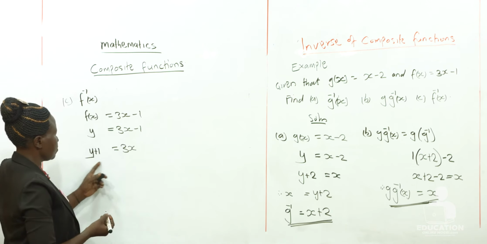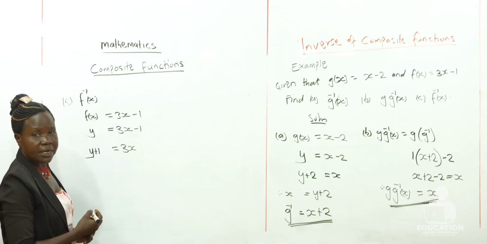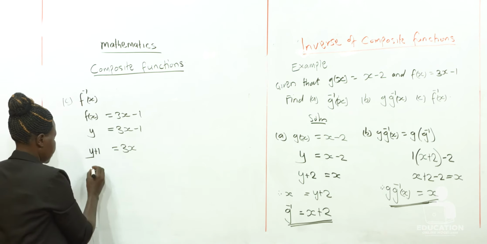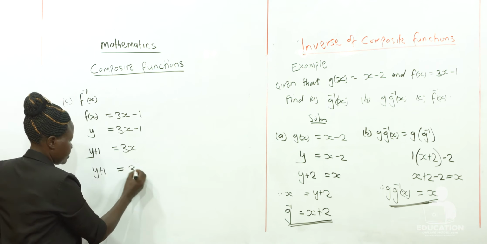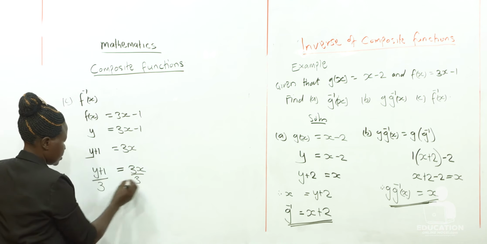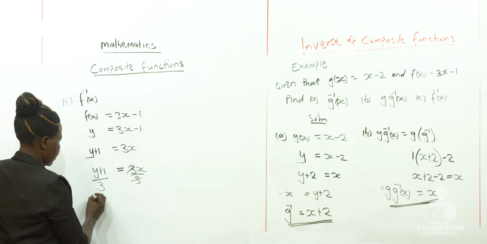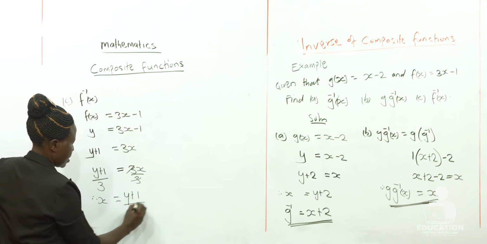So in this form, you are now going to divide both sides by 3, so that you can now have x alone. So x alone will give you y plus 1 over 3.